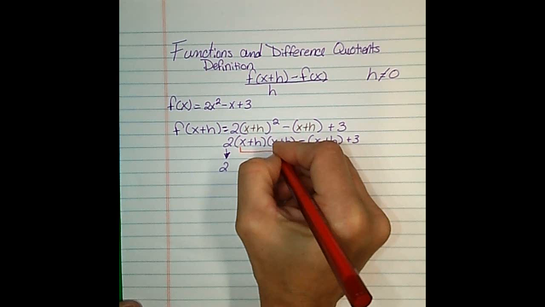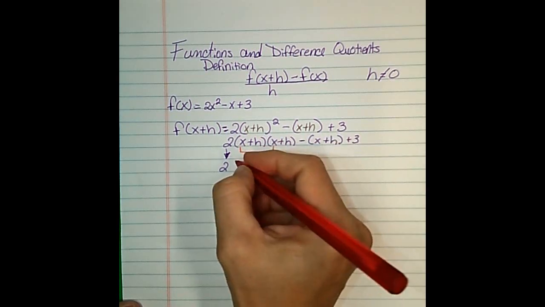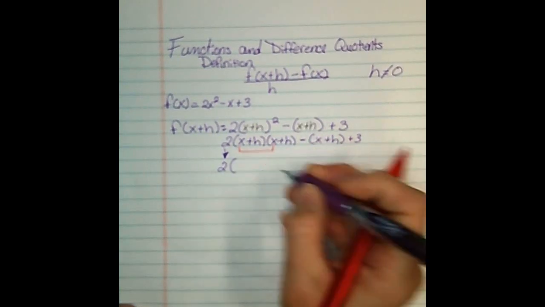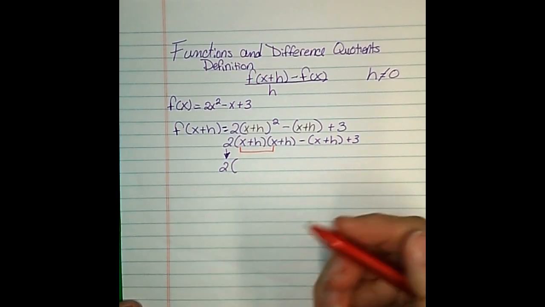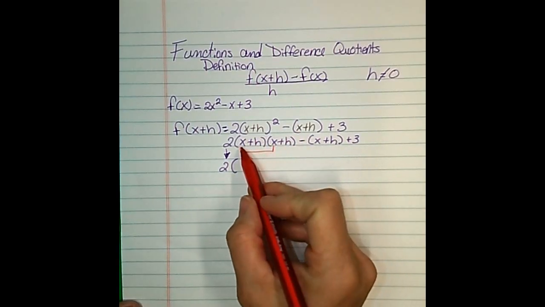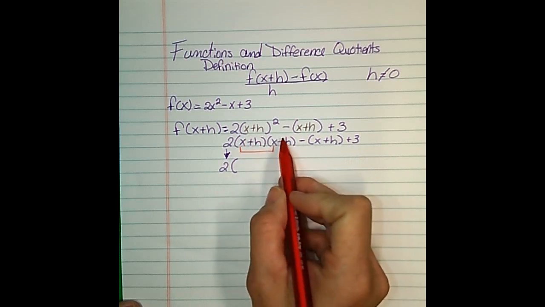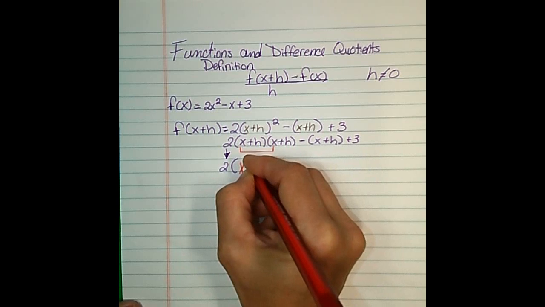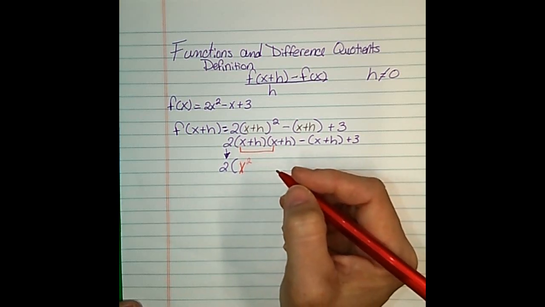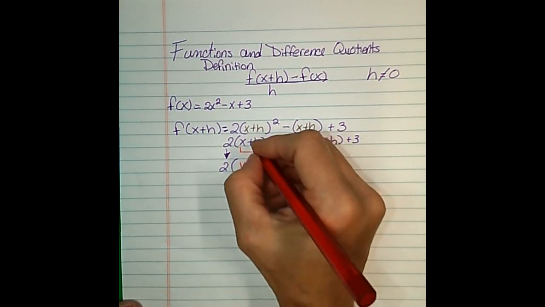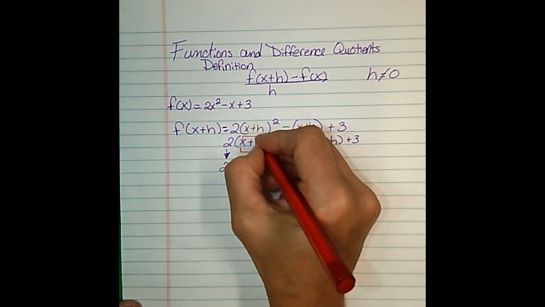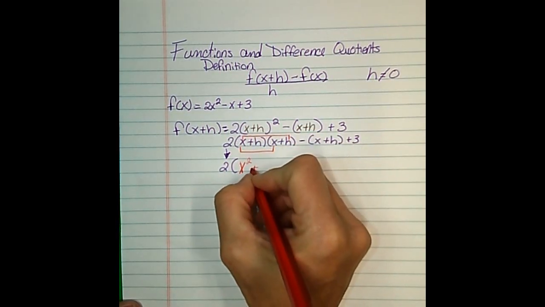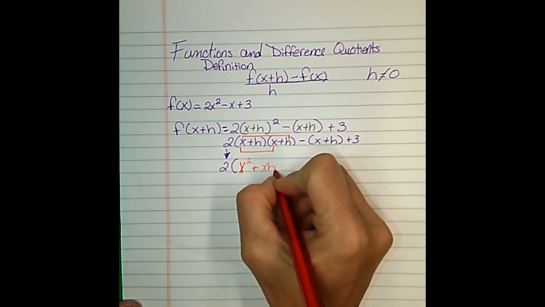We have our first times our first, which is x times x. And anytime we multiply like bases, we add the powers. So x times x, and they both have a power of 1, that means it's going to be x squared, because 1 plus 1 is 2. And then my outers, which is x times h, and they're both positive, so it's going to be a positive xh.